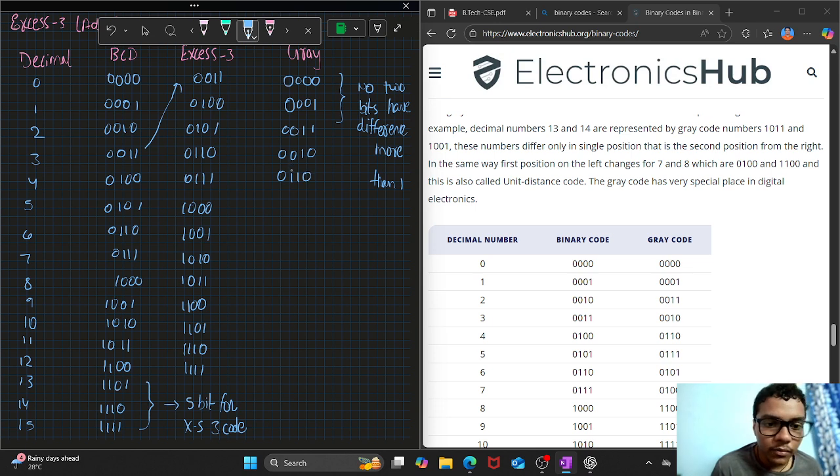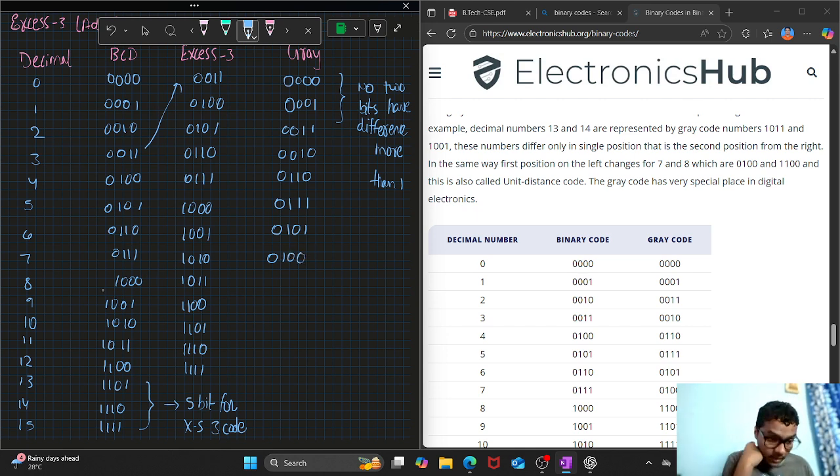For 5: 0, 0 plus 1 is 1, 1 plus 0 is 1, and 0 plus 1 is 1. For 6: 0, 0 plus 1 is 1, 1 plus 1 is 0, 1 plus 1 is 0, and 1 plus 0 is 1. And for 7: 0, 0 plus 1 is 1, 1 plus 1 is 0, 1 plus 1 is 0.